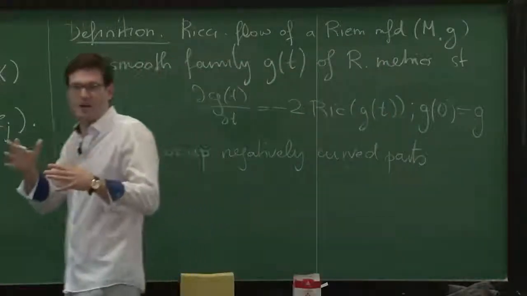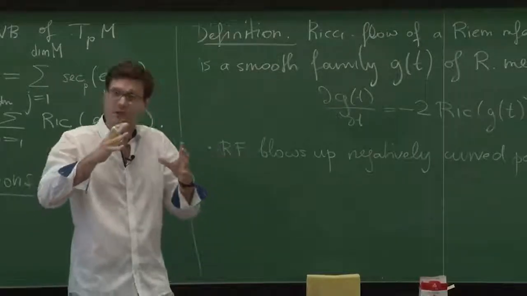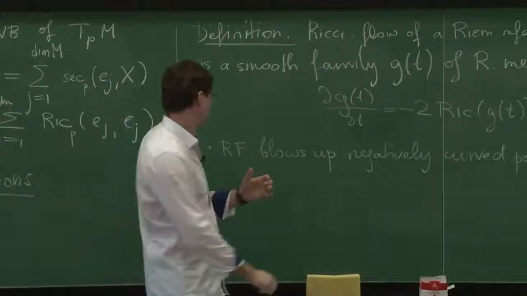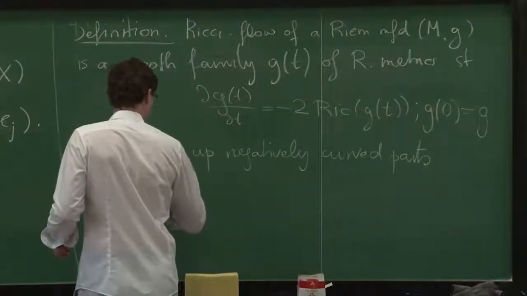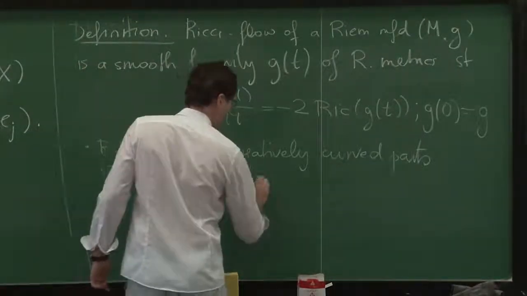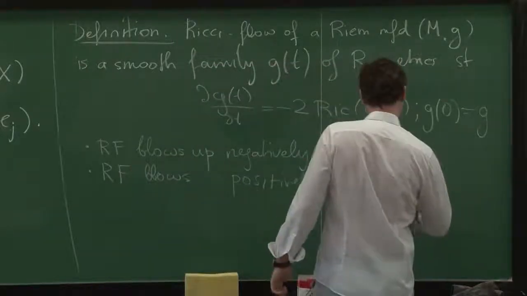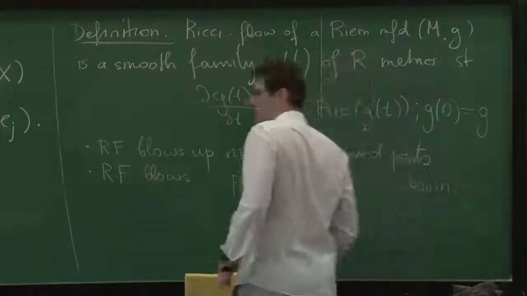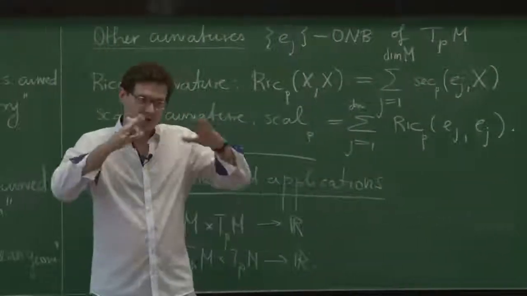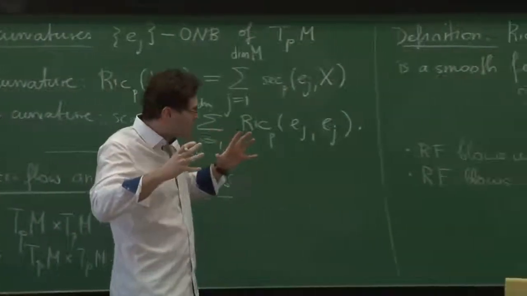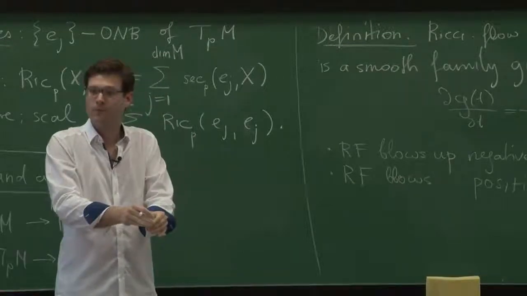Let us do the same experiment for the positive Ricci curvature. We will see that it blows the part of the manifold down. So Ricci flow blows the positively curved part of the manifold down. Therefore, if, for example, we start with something which looks like a sphere, positively curved, it will blow the manifold down to a point.